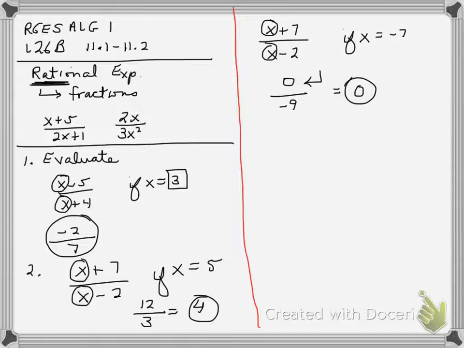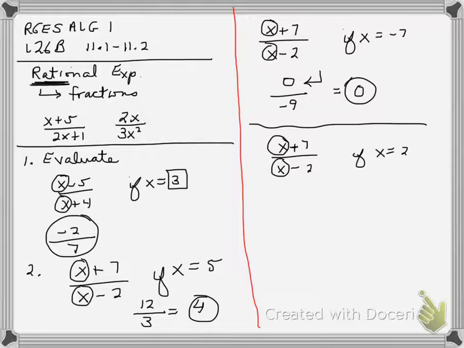The other thing that might be a little squirrely is, what if I had the same expression and I said, evaluate this if x equals 2. Well, again plug in every time you see an x. 2 plus 7 is 9, but when I get to the denominator, I get 2 minus 2 is 0.